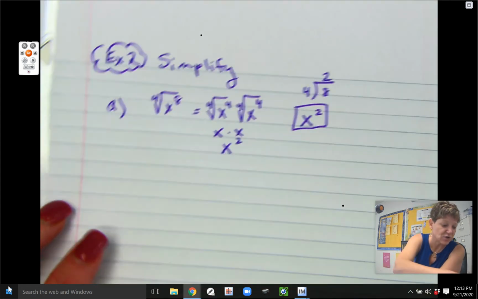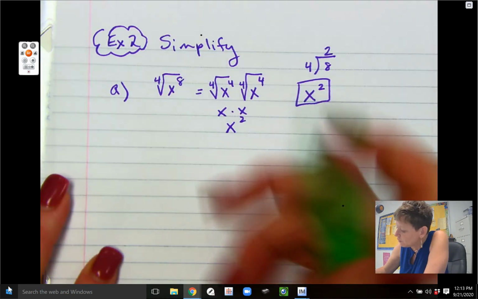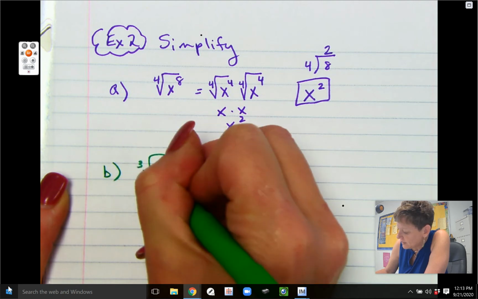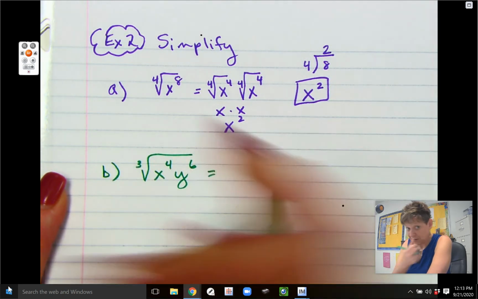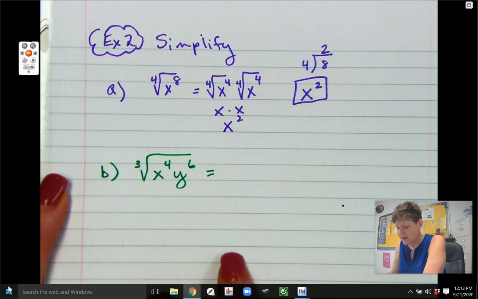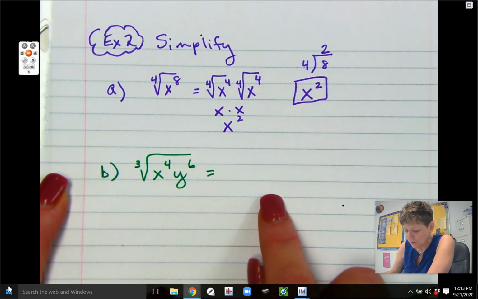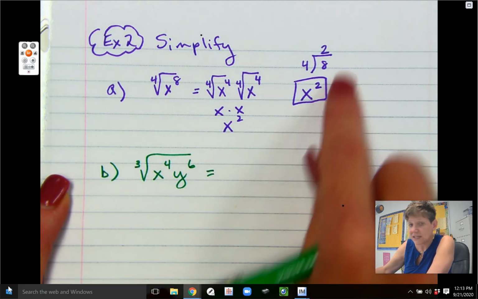All right, let's try B. For B, we have the cube root of x to the 4th, y to the 6th. Okay, I am going to use the shortcut method here as opposed to breaking it up. Now, I could break it up if you wanted, but you should get used to doing it this way.